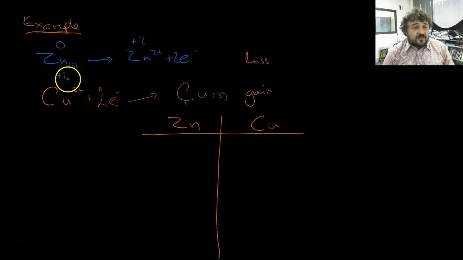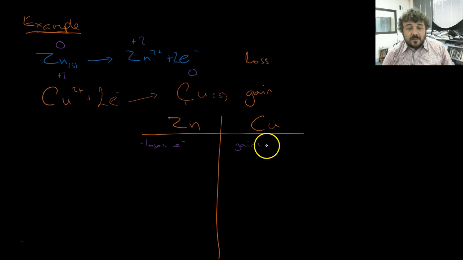Here it is +2 because it's the same as the charge, and it goes to 0 as a free element. So zinc loses electrons, copper gains electrons. Zinc is oxidized, copper is reduced.